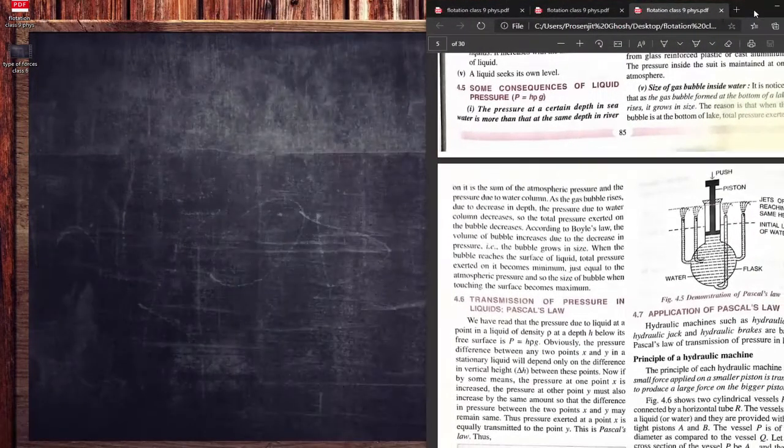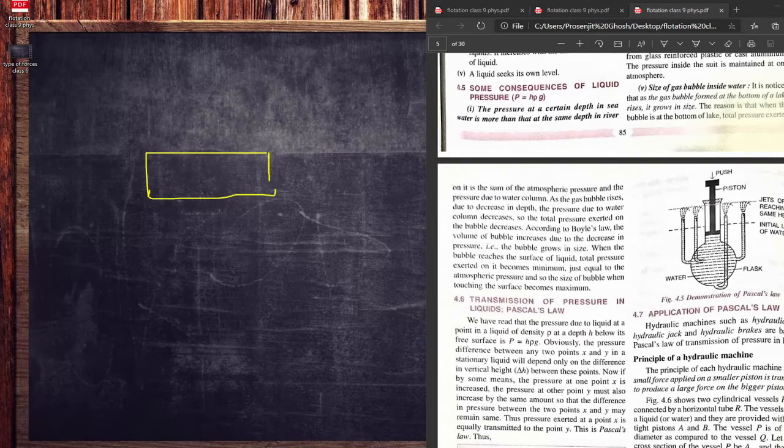Alright, so suppose you have a container, and this is one open place from where you can put some water in it. Whenever you're putting some water in it, time by time it's getting filled. When it's completely filled, if you put any more water in it, what will happen?